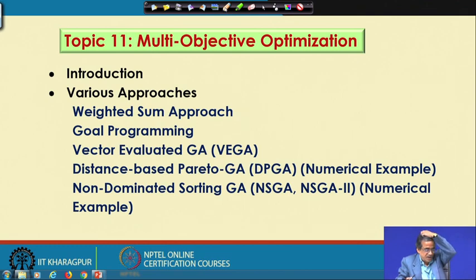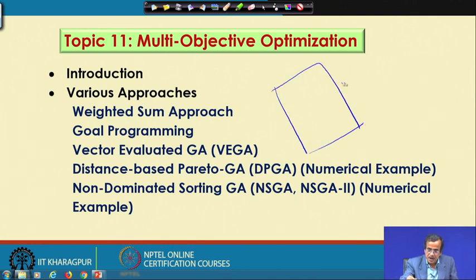Then comes the distance based Pareto GA, that is DPGA. Now, here what we do is, the whole population, that is the capital N, is divided into two subpopulations. One is called n 1, another is called n 2.